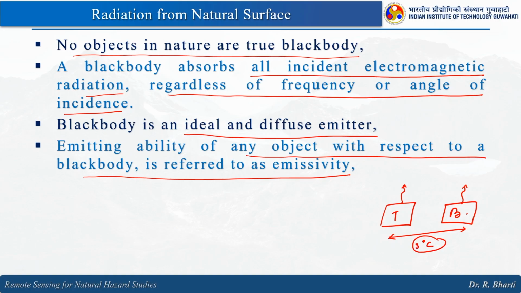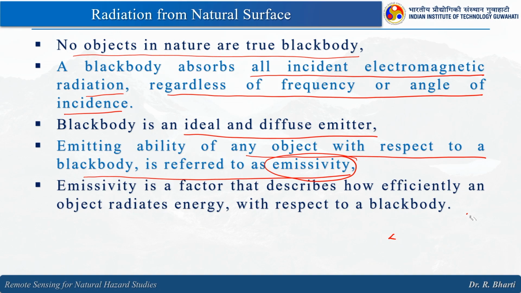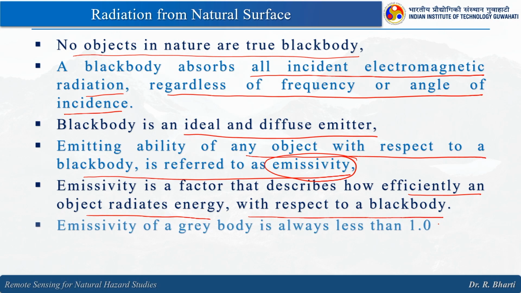So, it may be 30 degrees. Now, when we compare the emitted energy from this particular target with respect to a black body at the same temperature, it is called emissivity, right. So, emissivity is a factor that describes how efficiently an object radiates energy with respect to a black body.